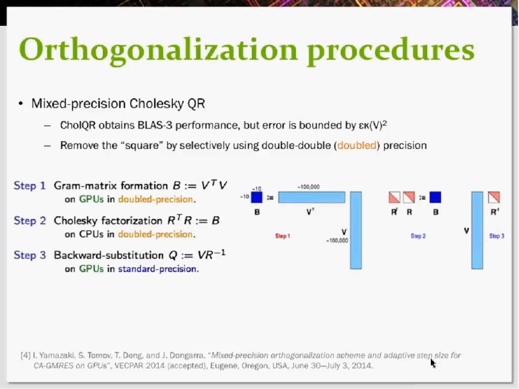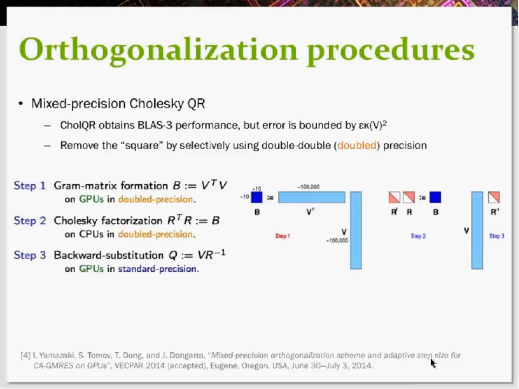The optimization that we did here, which actually accounted for most of the acceleration, was mixed precision. In particular, we did this mixed precision CholeskyQR. So CholeskyQR obtains Level 3 BLAS performance, but the error is bounded by the square of the condition number of the vectors that you are orthogonalizing.